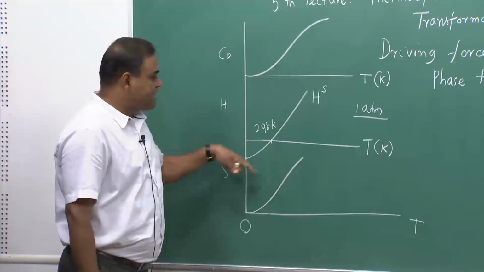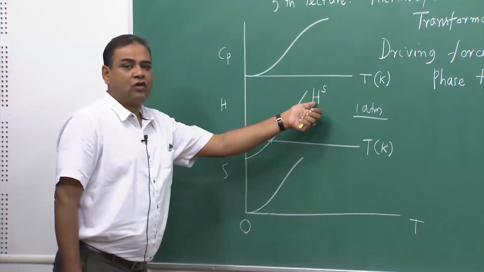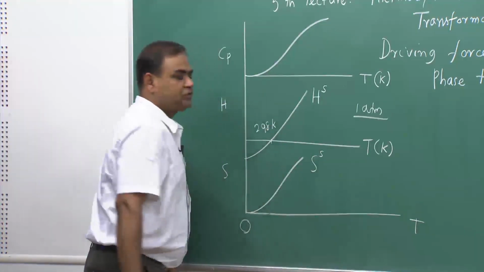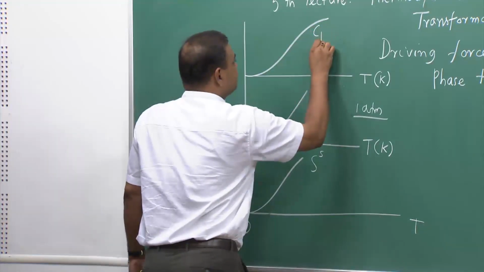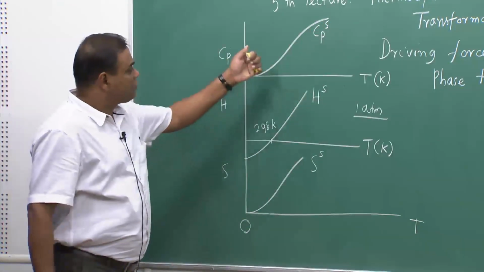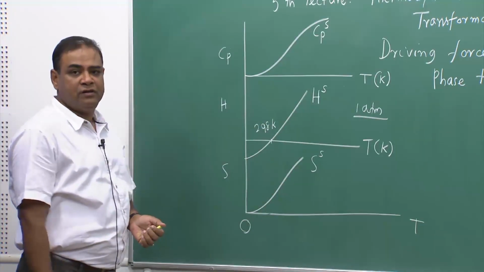Now, once we have this information, for solid this is entropy of solid, and this is also Cp of solid. So, for the solid phase we have found out these values.